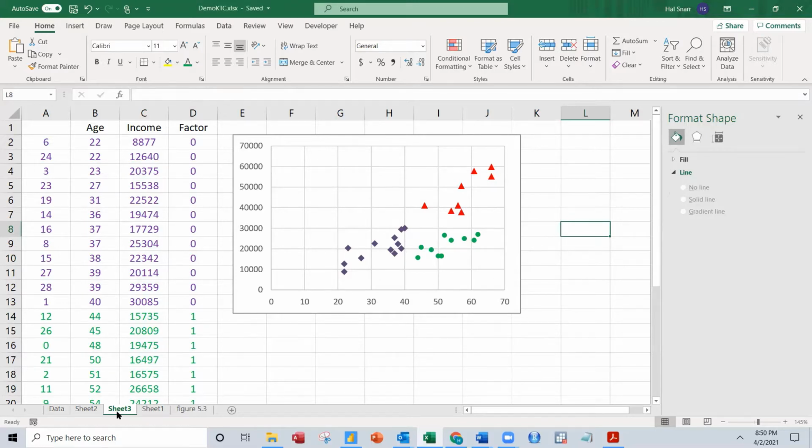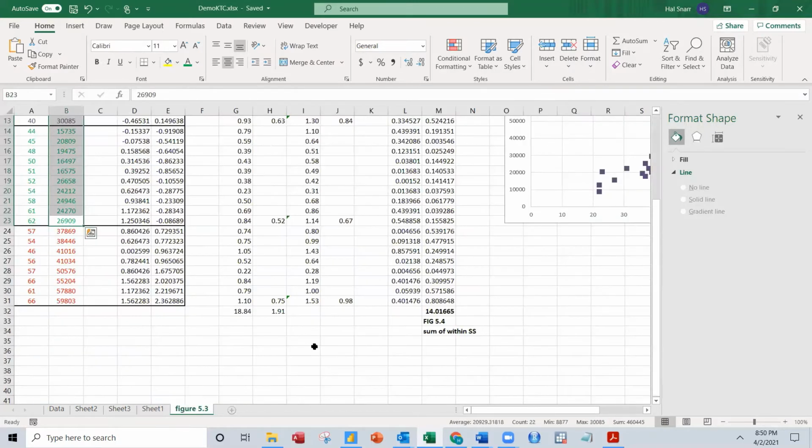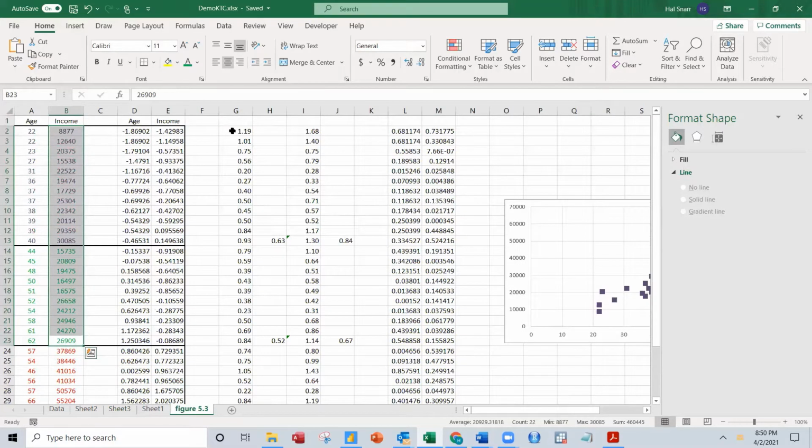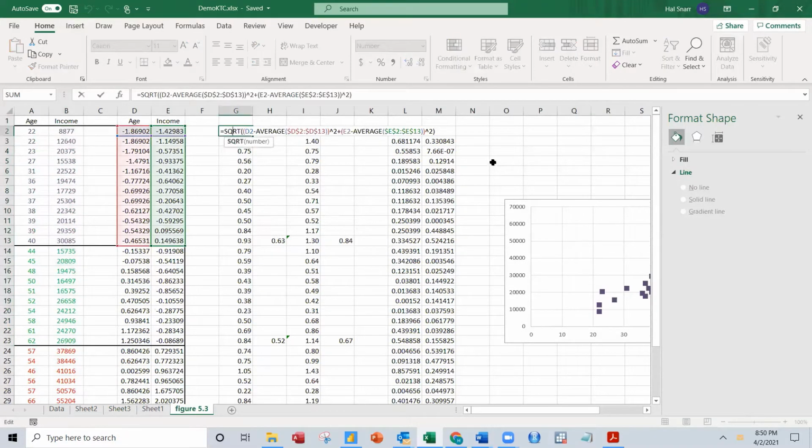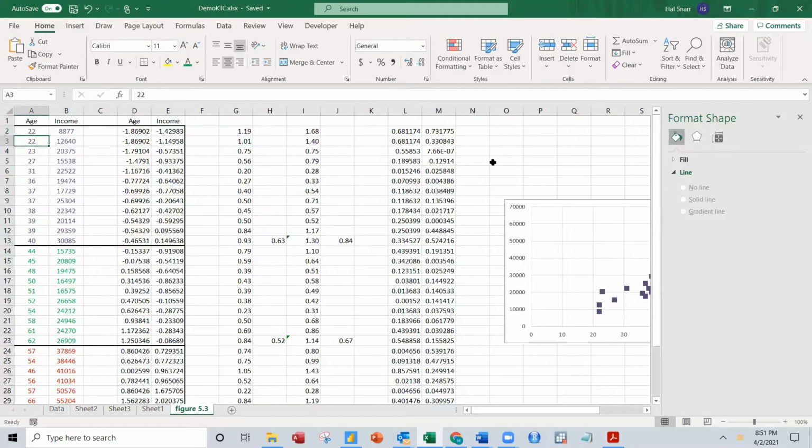All right, so let's get a little understanding of what's going on here. This clustering is done by calculating z-scores. Anybody know what a z-score is? Is it a mean?